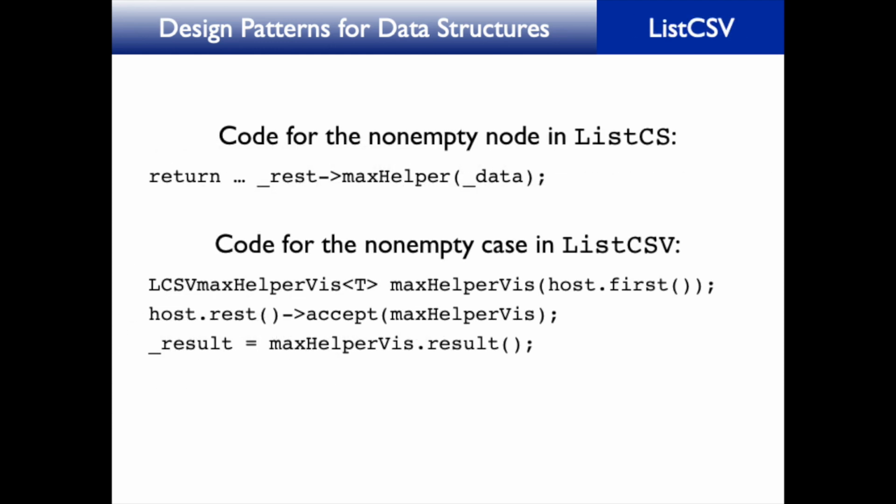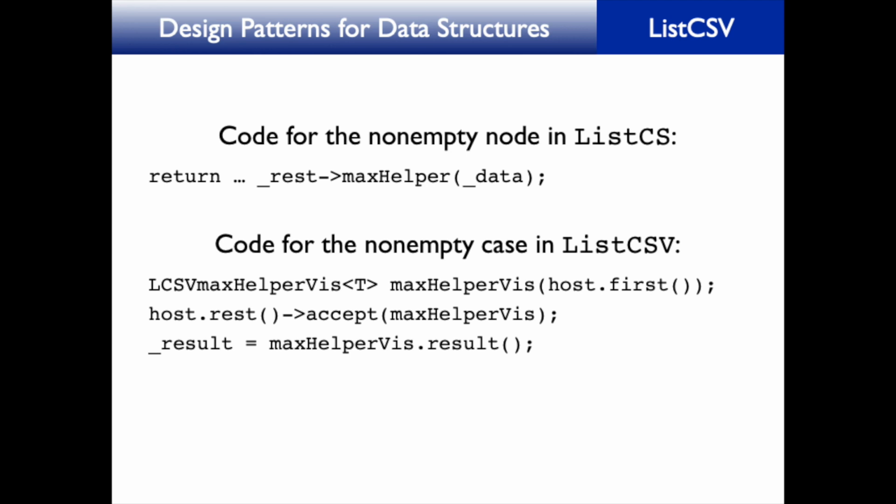So the next few slides show the comparison of the original listcs code with the code for the visitor version. So the code for the non-empty node in listcs is return underscore rest dot max helper underscore data. Now, of course, what corresponds to underscore data is host.first, so that's what gets passed to the constructor when we set up our local helper viz, max helper viz.